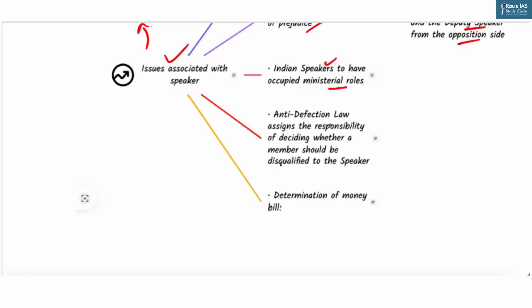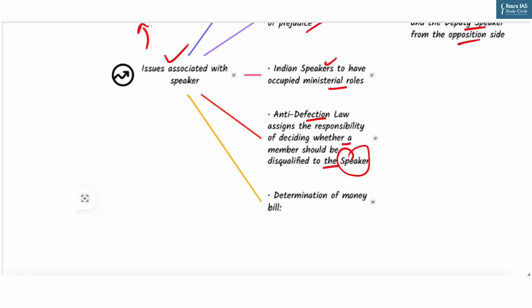Another issue is that the anti-defection law assigns the responsibility of deciding whether a member should be disqualified to the Speaker, who has significant discretion. However, this discretion has often been exploited by the ruling party to eliminate dissenting voices.